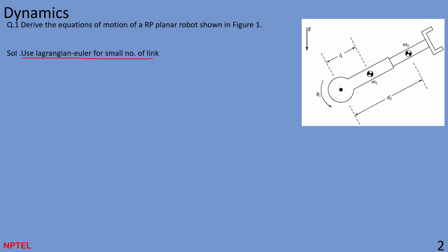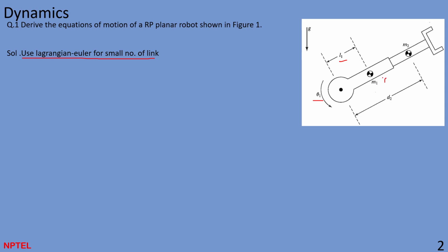There are two links, so we need to first find the kinetic energy and potential energy, right? This is the first link, and it's rotating at an angle theta 1, and it has a center of mass located at L1. I think it also has inertia, so I missed that part.